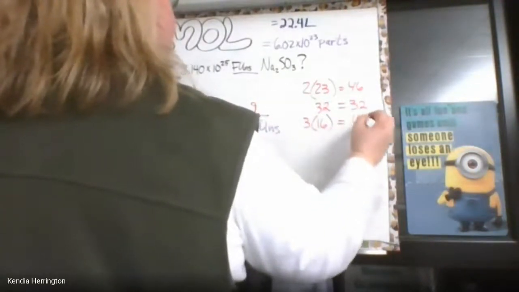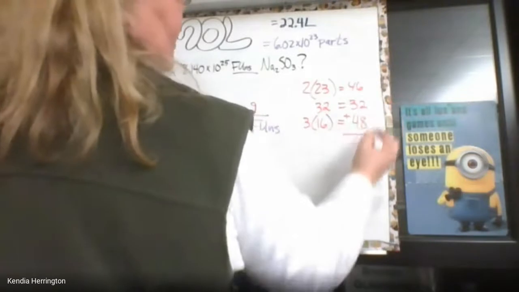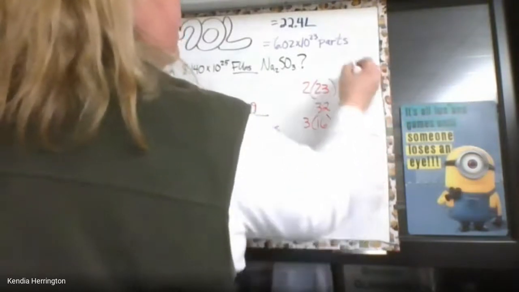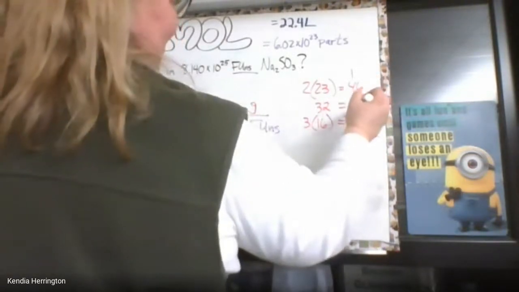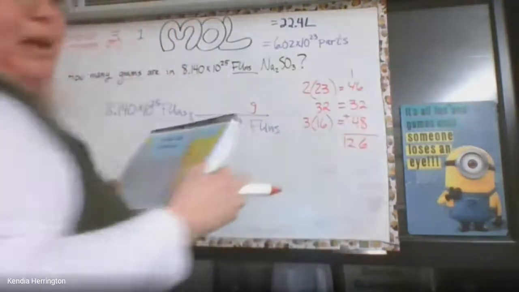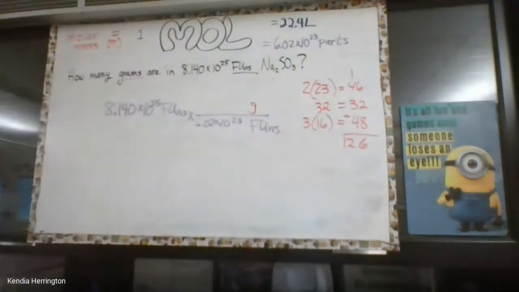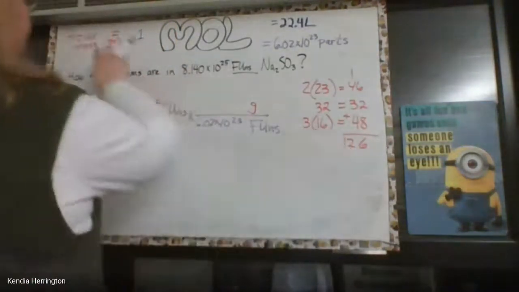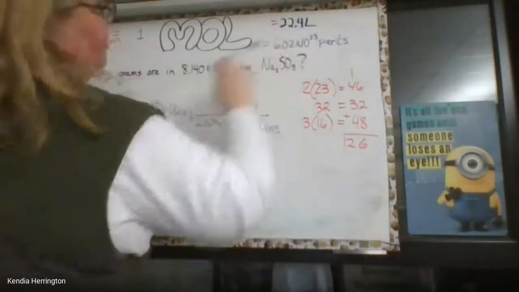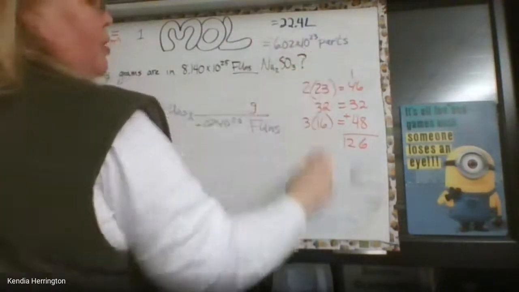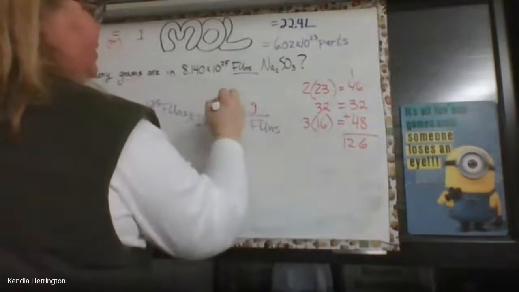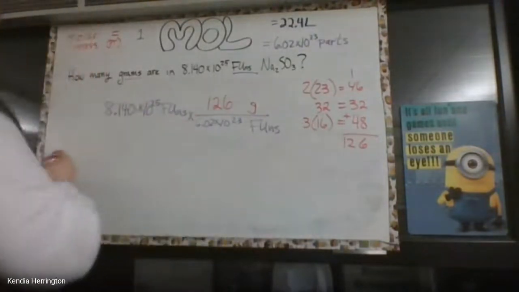That's 48. Add those together. 8 plus 8 is 16. 5, 8. Woo, the mental math for the morning. So for every 1 mole, or for every 6.02 times 10 to the 23rd particles, I have 126 grams.